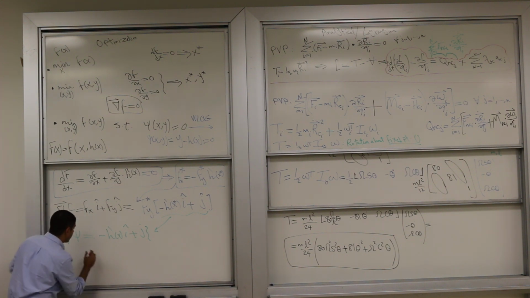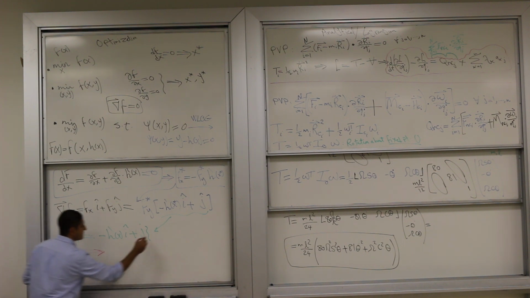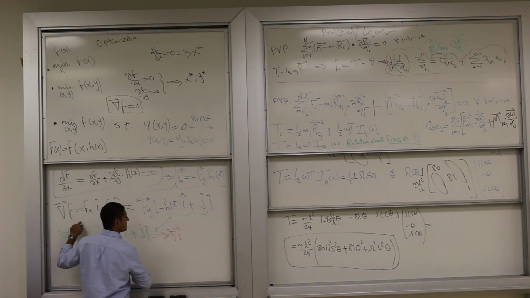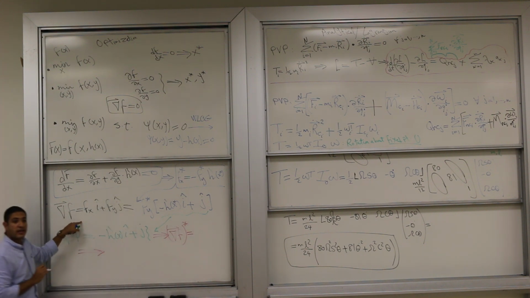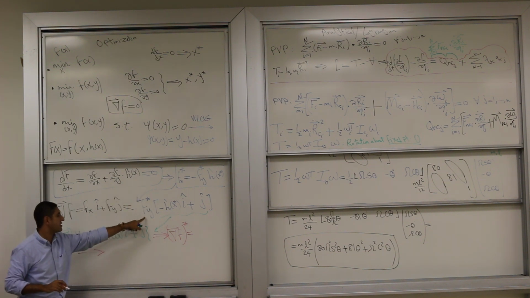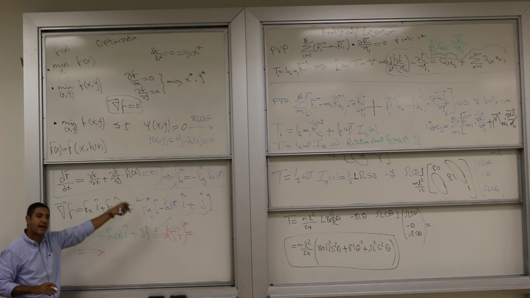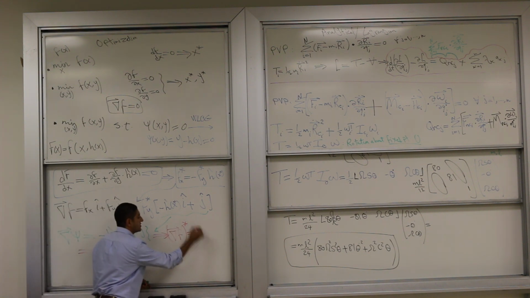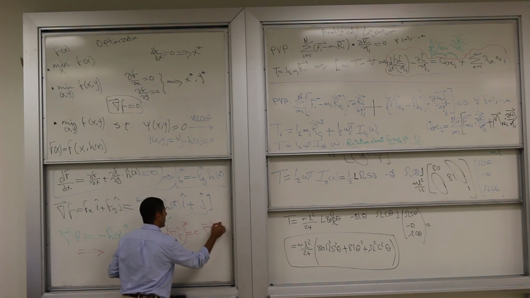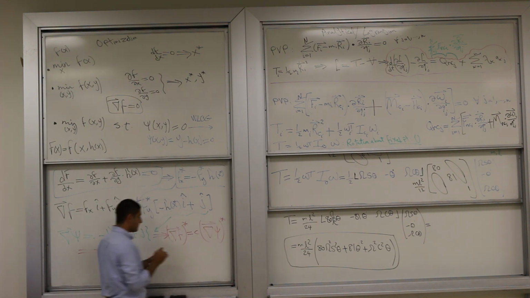I get the following very important rule, that the gradient of my function at the optimal point is equal to some constant, right? This is a number, because it's evaluated at the optimal point. Some constant times the gradient of the constraint at the optimal point.